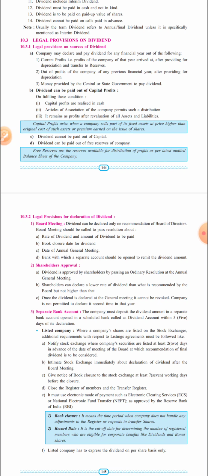Capital profit means the profit that arises when a company sells part of its fixed assets for more than their original cost. It is known as capital profit. Dividend cannot be paid out of capital.